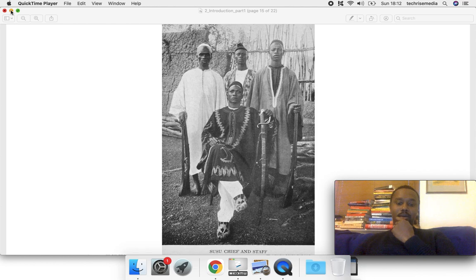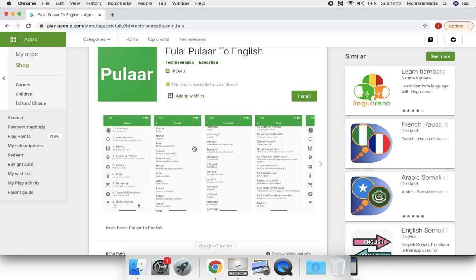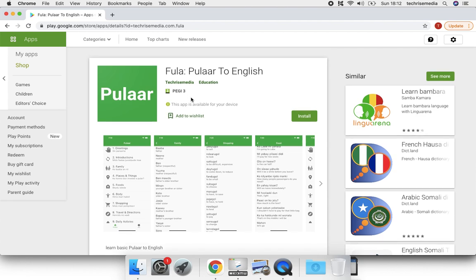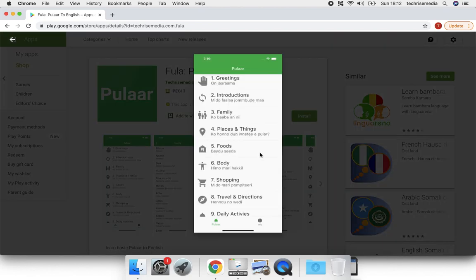But before I go, I want to touch on a little app that I created. I'm using Flutter, which is Google's framework that allows you to create mobile apps for both Android and iOS. Everything I'm going through is in this app.